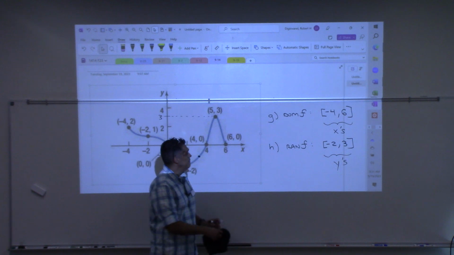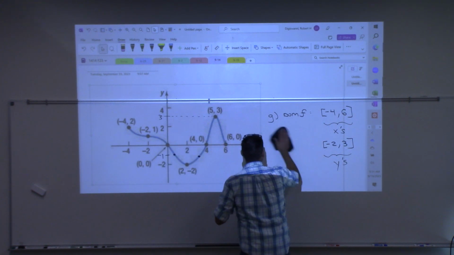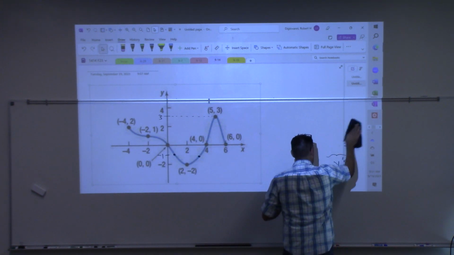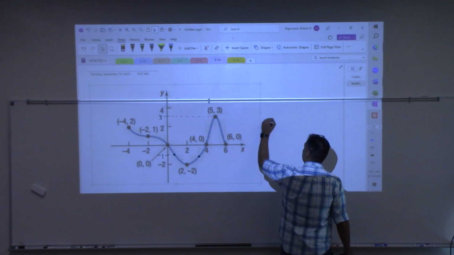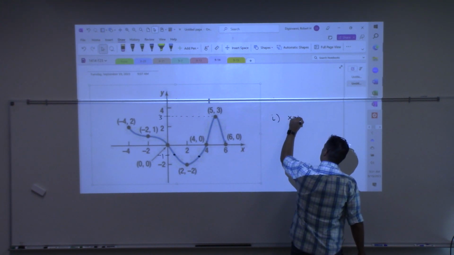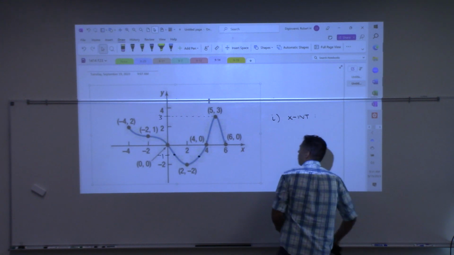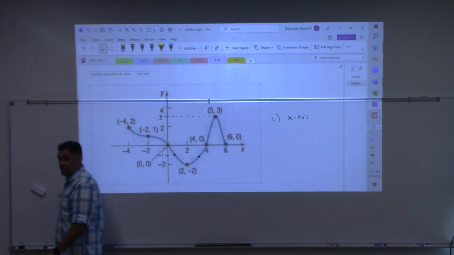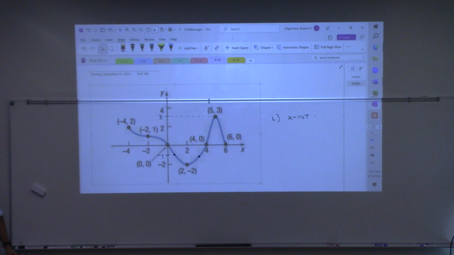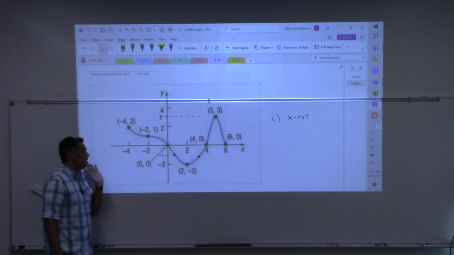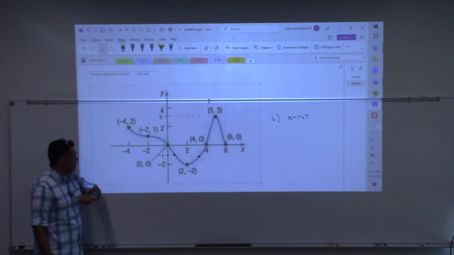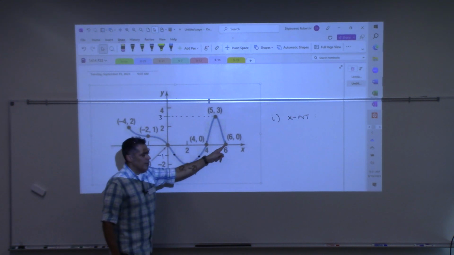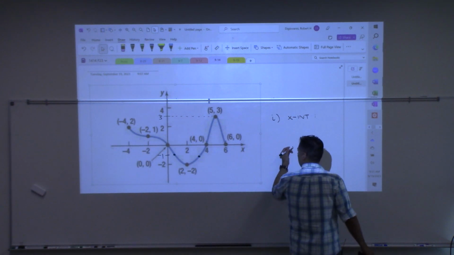Next question. What are the x-intercepts? We have not formally defined what an x-intercept is in here, but I think the idea is pretty straightforward. An x-intercept is anywhere that your graph hits or touches the x-axis. How many places do you see this graph hit the x-axis? 3 places, right? Here, here, and here. Hey, we had that answer earlier, didn't we?